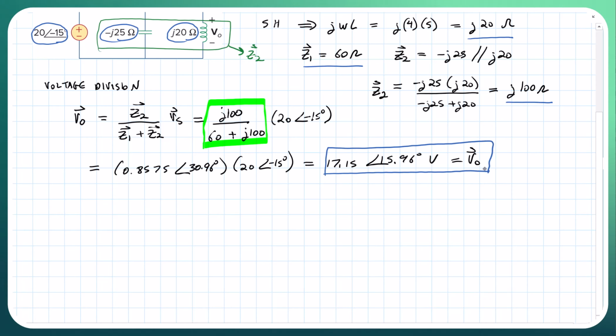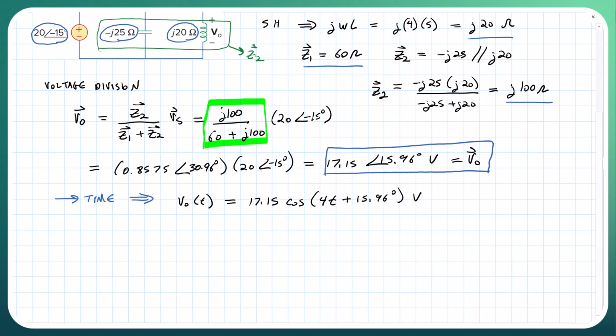Now we just need to convert it back to time domain. To do that, V naught of t is equal to 17.15 cosine, our omega was 4, so 4t, and our angle here is plus 15.96 degrees, and this is in volts.